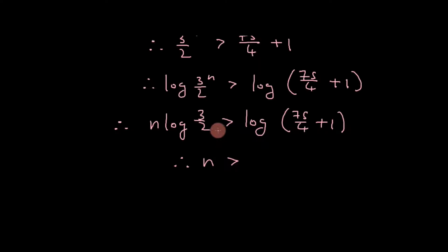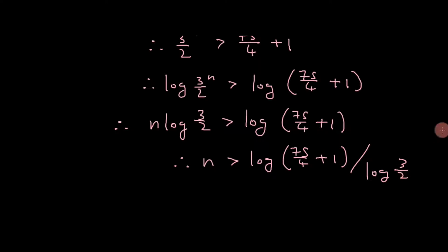Now, what's important to note here is that 3 over 2 is greater than 1. So the log of 3 over 2 will be positive, and hence we don't have to switch around the inequality. So it's the right-hand side then divided by the log of 3 over 2.